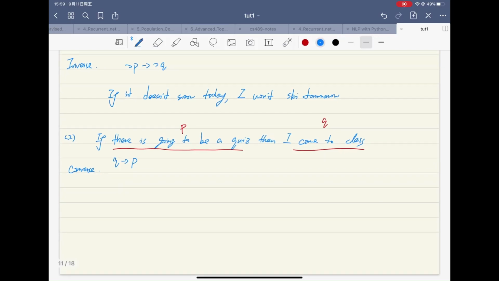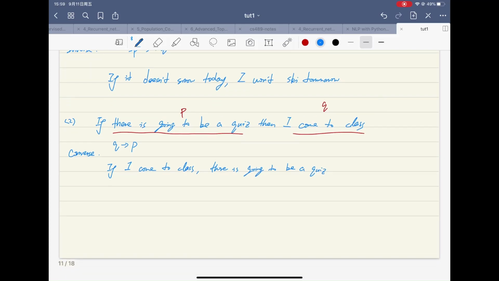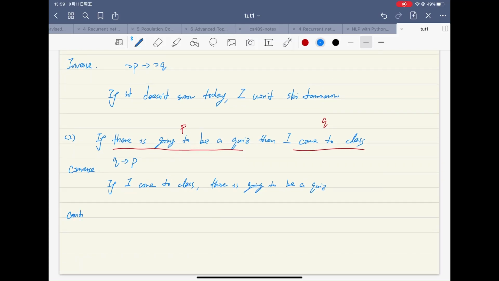Q implies P. So we have: if I come to class, there is going to be a quiz. Right? The contrapositive should be not Q implies not P. So we have: if I don't come to class, then there is not going to be a quiz.